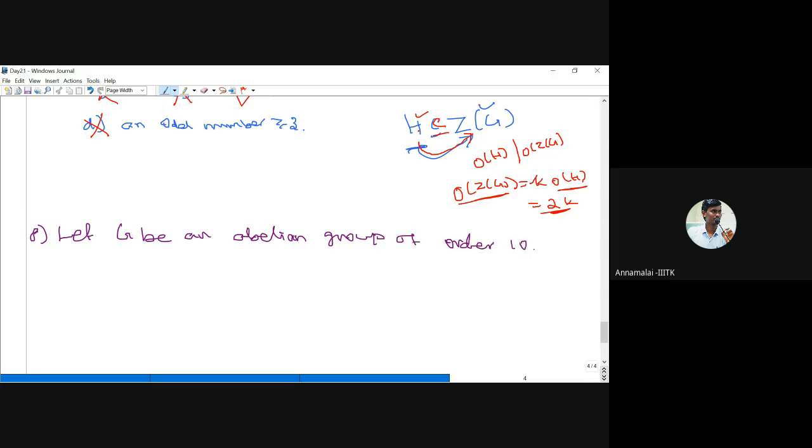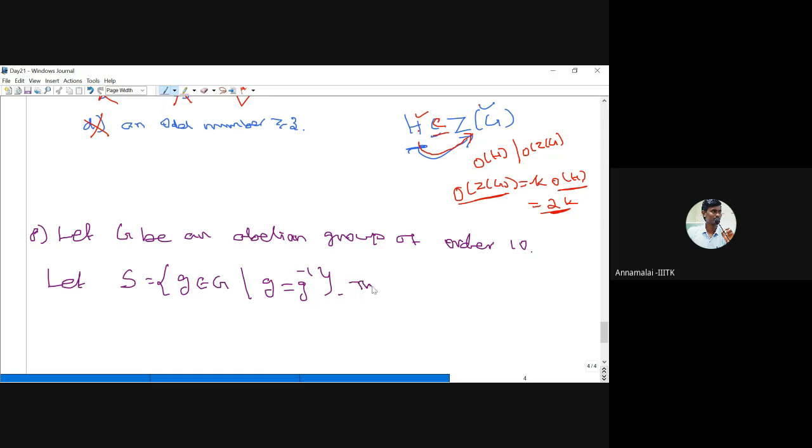Now let S be a new set. They define S as the collection of all elements g satisfying g equal to g inverse. So we are collecting the elements whose inverse is itself.